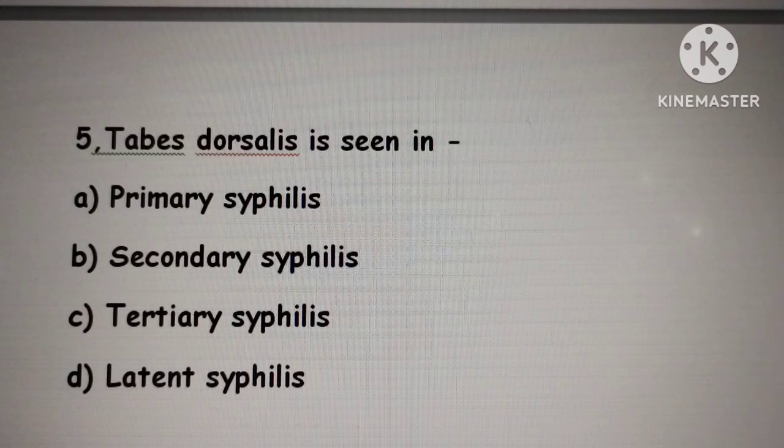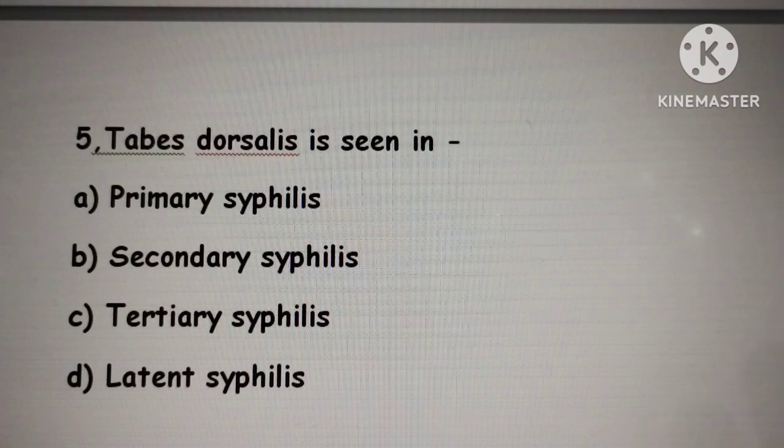Next question: tabes dorsalis is seen in primary syphilis, secondary syphilis, tertiary syphilis or latent syphilis. Tabes dorsalis is usually related to tertiary syphilis, more specifically neurosyphilis. But here they didn't give the term neurosyphilis, so you can go for tertiary syphilis. Just remember T for T: tabes dorsalis and tertiary syphilis.